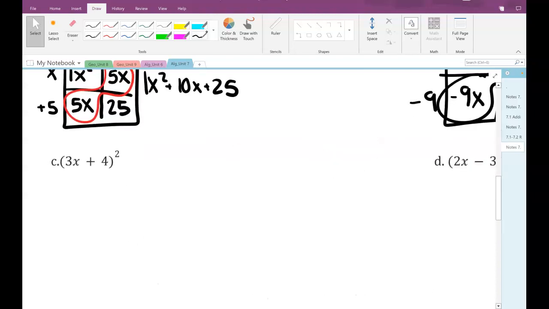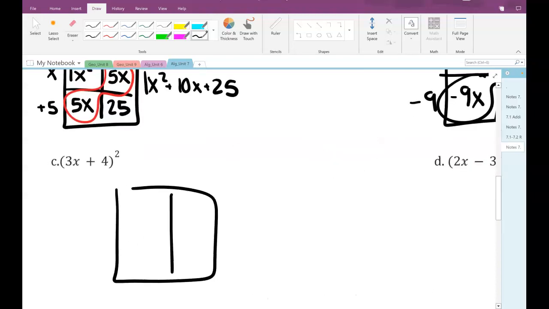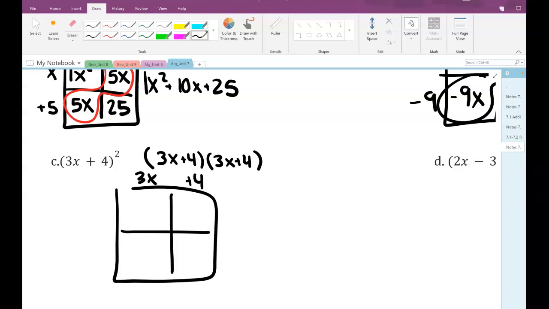Third example, we now have a coefficient in front of our x in our binomial. So again, this is just 3x plus 4. Since it's squared, it's being multiplied by itself. Label your rows and your columns.